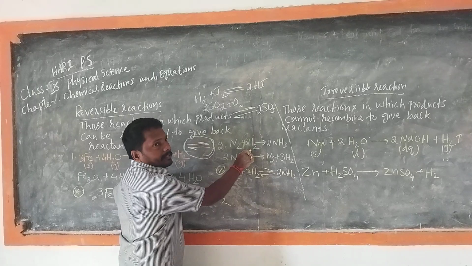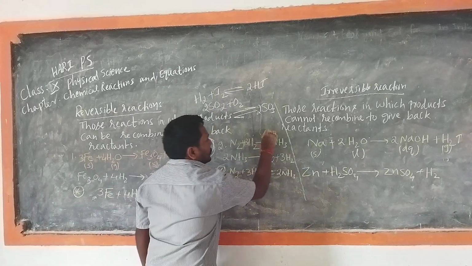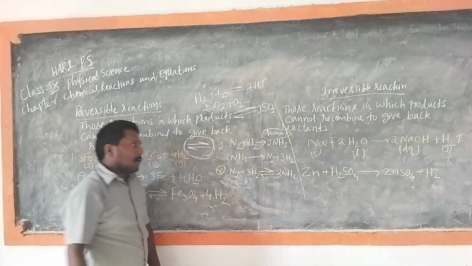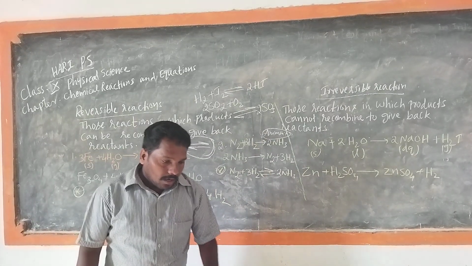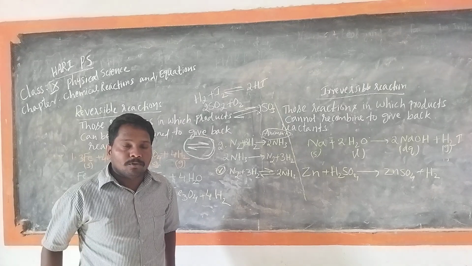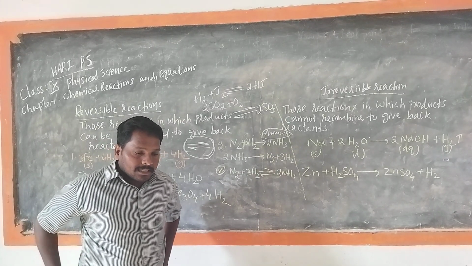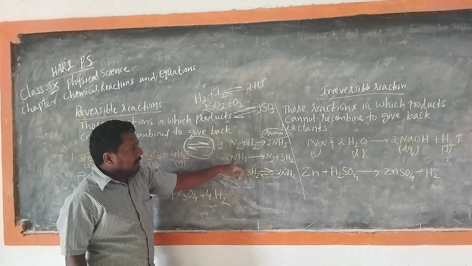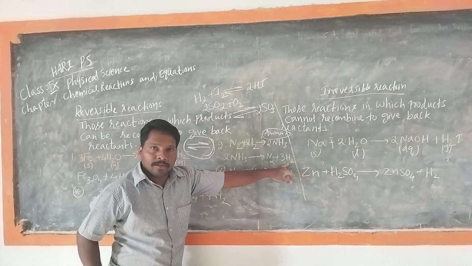Then take one more example. Nitrogen combined with hydrogen gives us ammonia, NH3. Ammonia begins to break down into nitrogen and hydrogen by the reverse reaction. When we break down the ammonia, again it gives nitrogen and hydrogen.